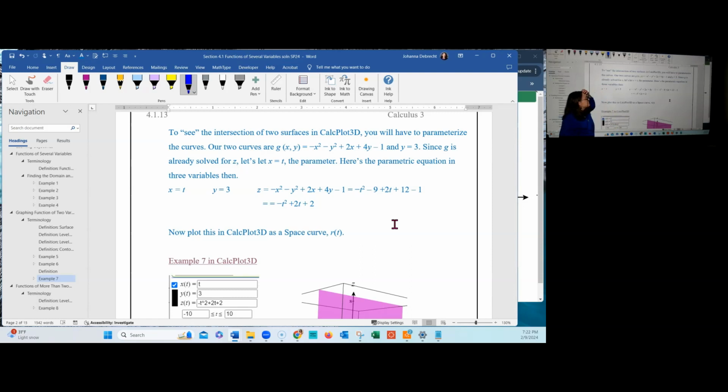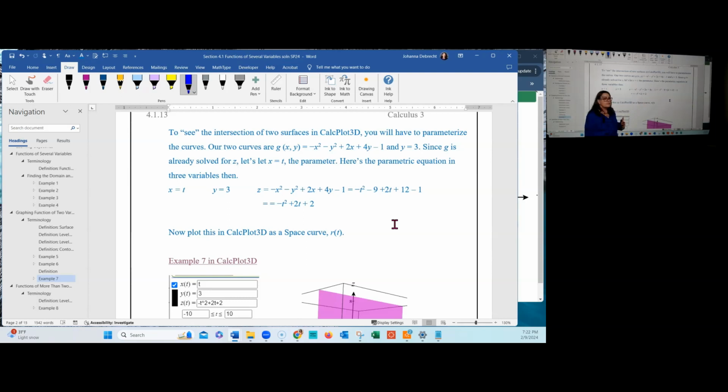In this case, because we know that y=3, we can parameterize our first equation with x equal to the parameter t, y=3, and then we can replace y with 3 and write our equation in terms of t instead of x, so that t is our parameter.